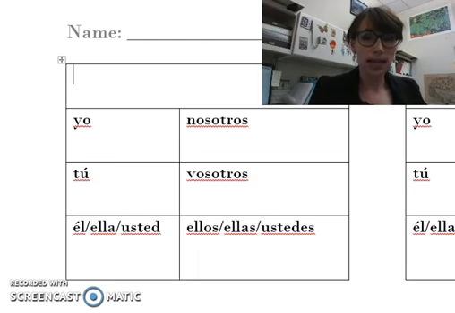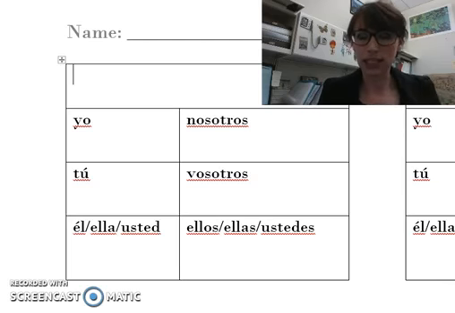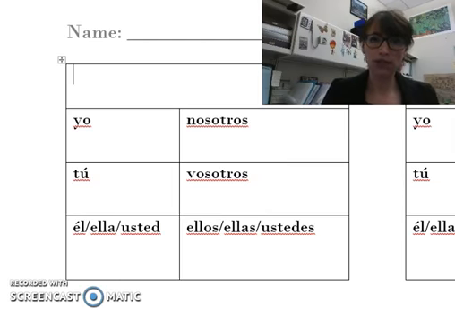But if I'm talking about my general daily routines and I do need to conjugate the verb, then I need to do two things. One, I have to change the reflexive pronoun to accurately reflect the subject of the sentence. And then I also have to conjugate the verb to agree with the subject. So it's a two-step process.